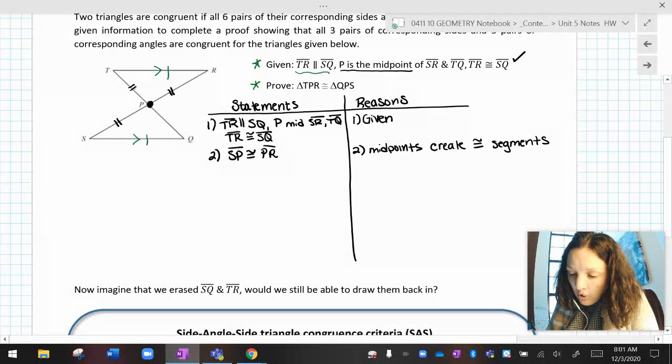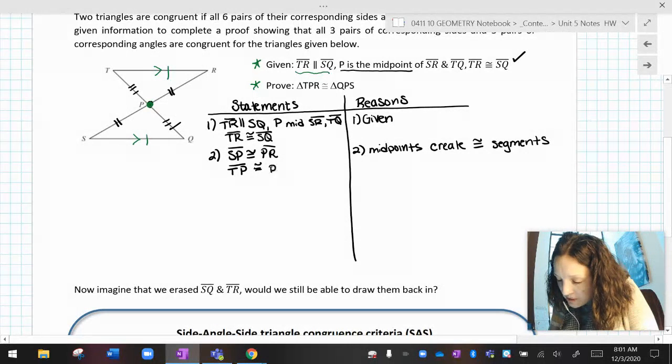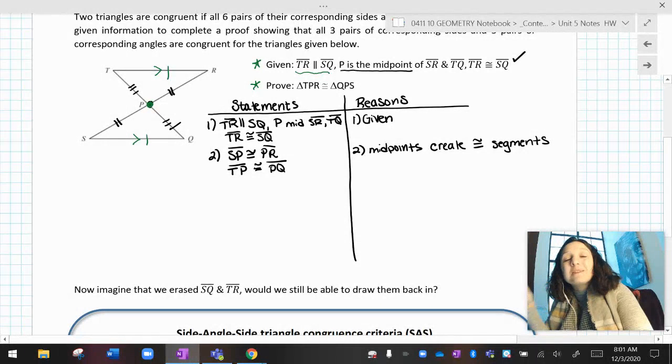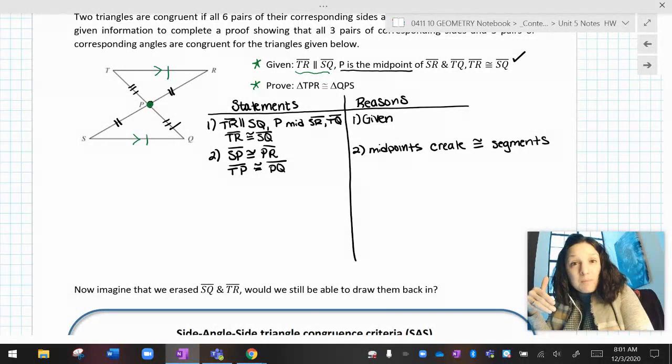And P is also the midpoint of TQ, so I know that TP is congruent to PQ. I can write both in statement 2 because they have the same reason. If you ever have 2 statements that rely on the same thing, they can go in the same numbered statement on the left and have the same numbered reason on the right.